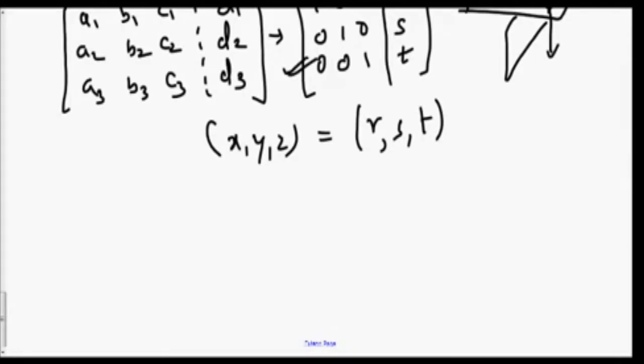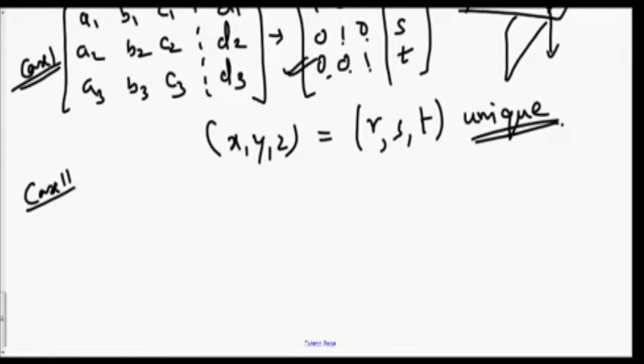But if you are not able to bring this to this echelon form, then what happens? Then you should concentrate on the last row. Say this is case 1 where you can actually make it to the echelon form, which is the 100, 010, 001 form. In that case you have a unique solution, which is one particular single point.